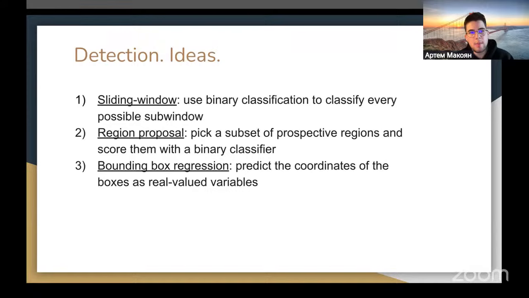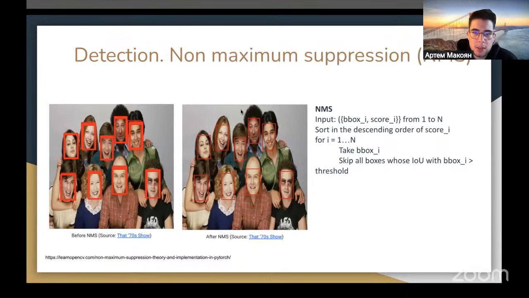The first model proposes many bounding boxes, and the second model scores these boxes. After that, we get many bounding boxes, even bad ones, but with bad scores, or good scores if it is a good bounding box. Then we filter and, for example, drop all bounding boxes whose score is less than 0.5, something like this, and do non-maximum suppression, and we'll get the answer.